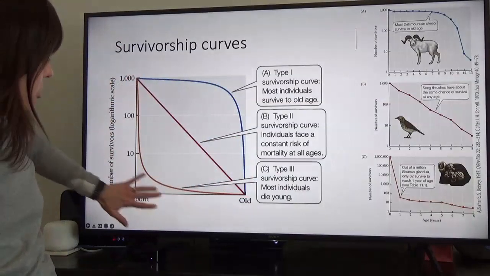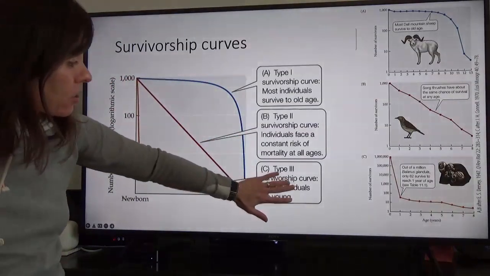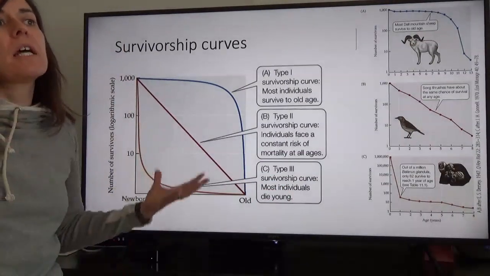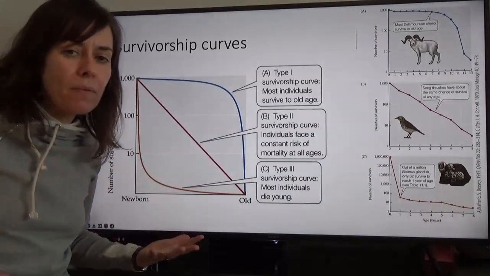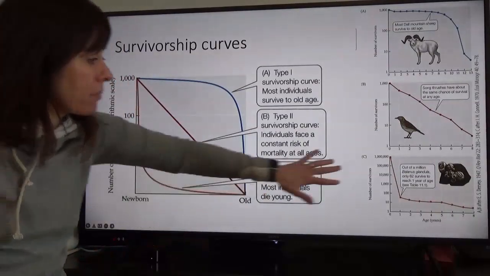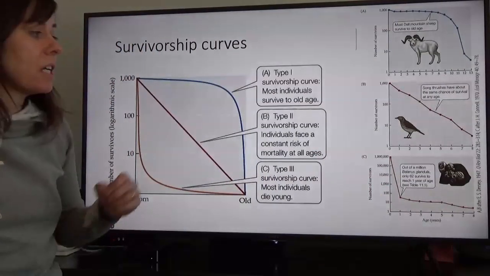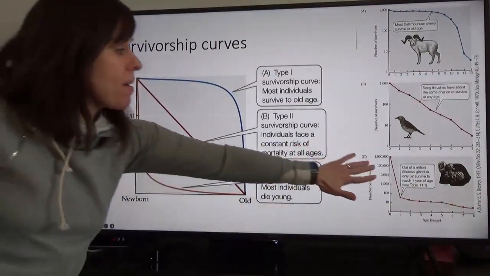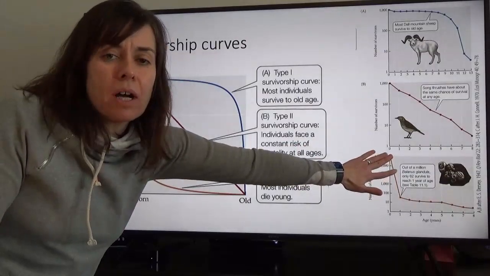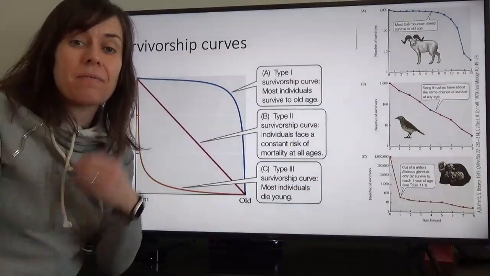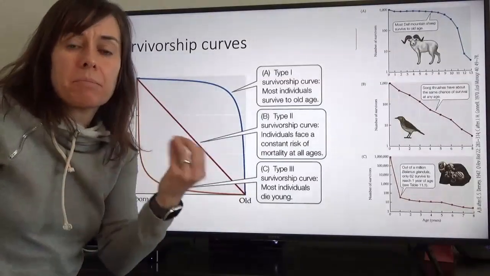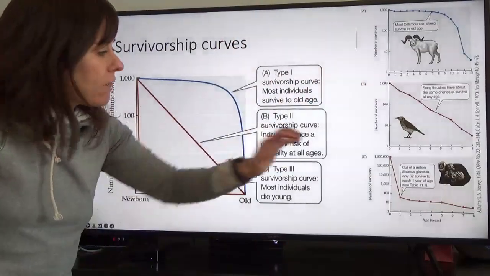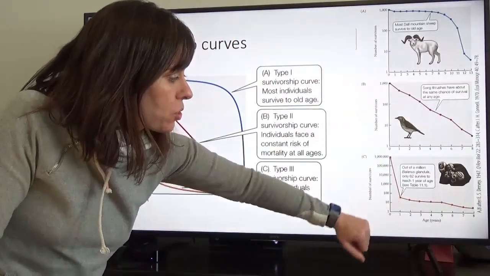And then we have our r-selected strategy, or in this case our type 3 survivorship curve, where most individuals die when they're young. This is species that produce a large number of offspring, and many of those die. We see this here in Balanus glandula, another barnacle species, where a huge number of juveniles are produced, and if you think about those species, there'll be a planktonic stage that gets dispersed into the ocean, and very few of those will reach 1 year of age.